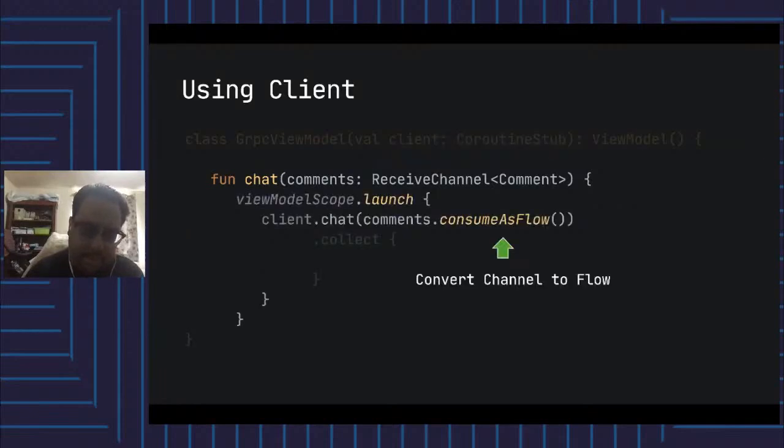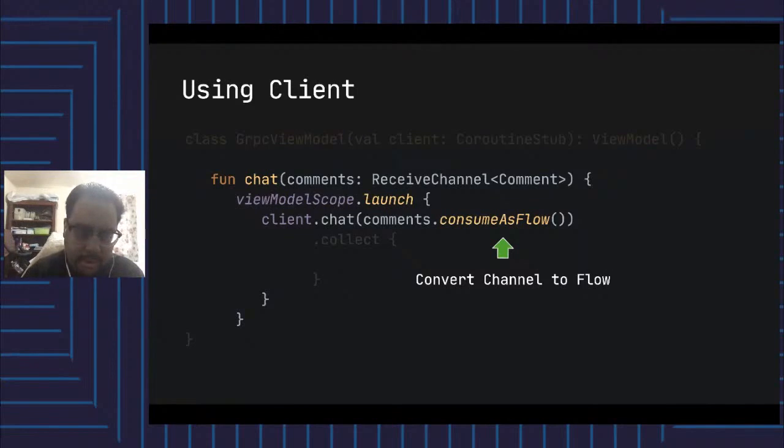Then I could bridge that channel to a flow using consumeAsFlow. If you're using a broadcast channel, there is a method called asFlow. It's not consumeAsFlow, it's called asFlow, and that method will open a subscription under the hood on that broadcast channel. So that's a pattern that you could utilize.